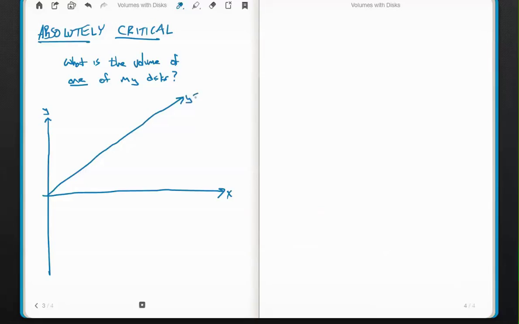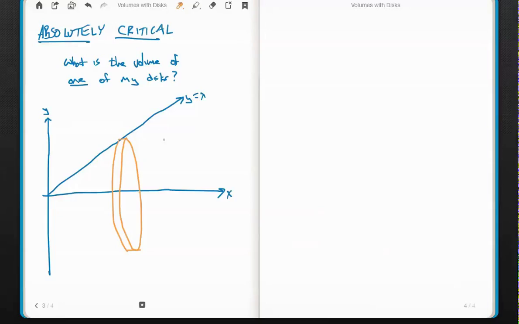That's y equals x. And so one of my little disks that I'm going to stack up in here looks like this. I'll do it in orange because orange is one of my favorite colors. Here's one of my disks. It gets rotated down like that, and then the thickness of my disk goes like this. All right, that's one of many, many disks that I'm going to add up.